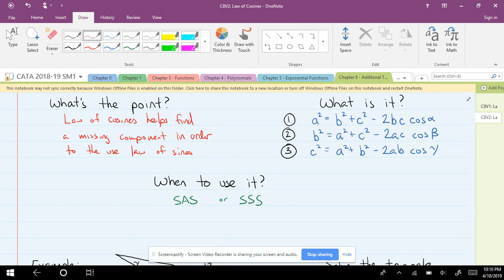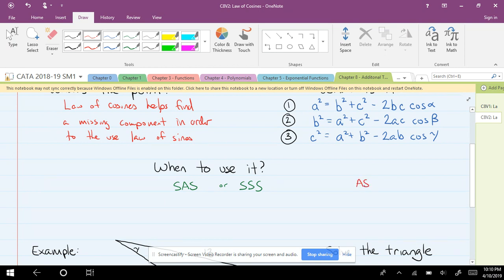Remember that angle side angle, angle angle side, and angle side side are the setups for law of sines. And so this is reserved for law of cosines.